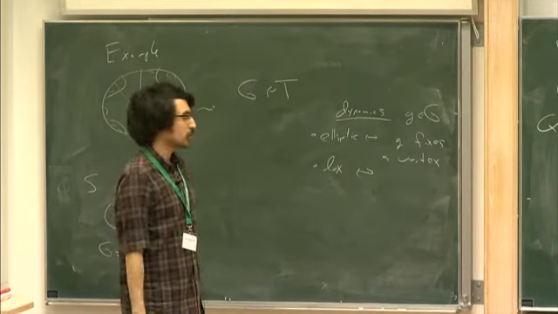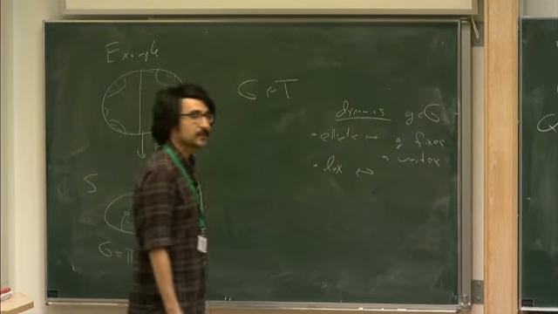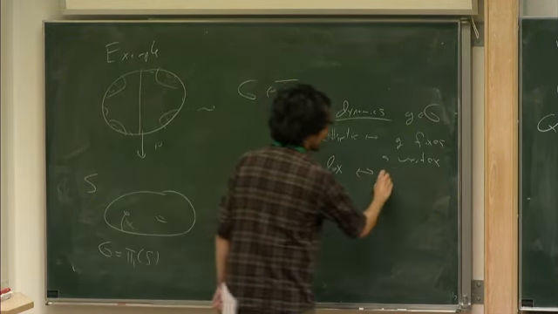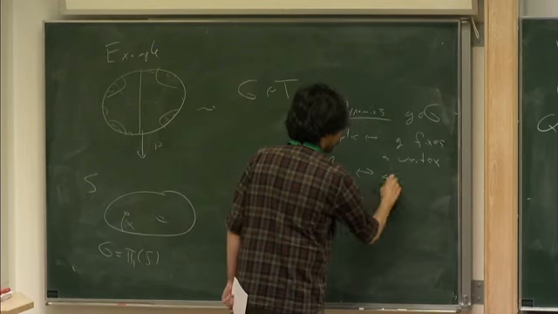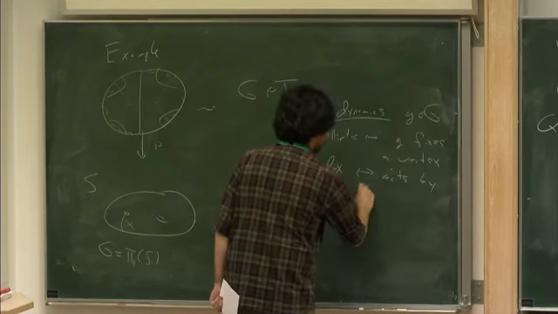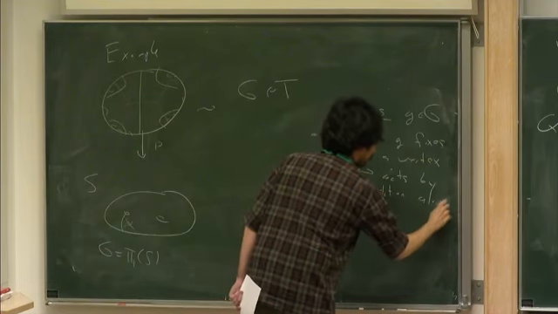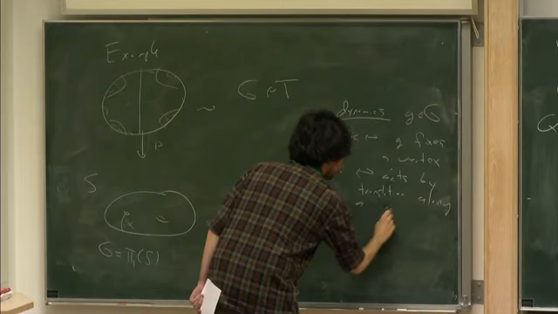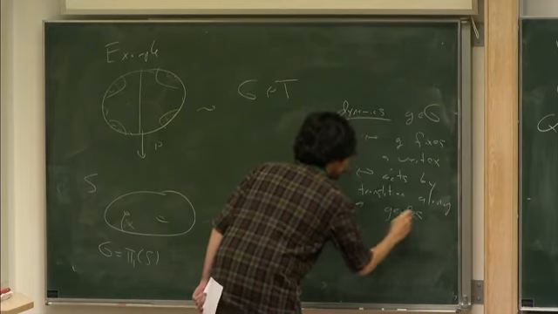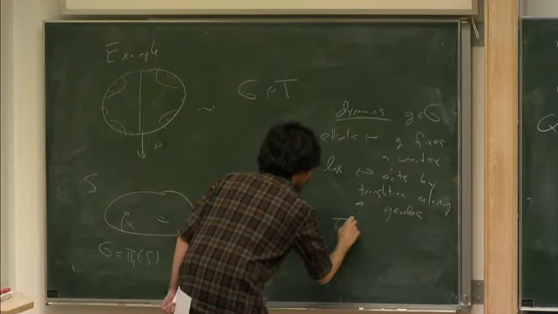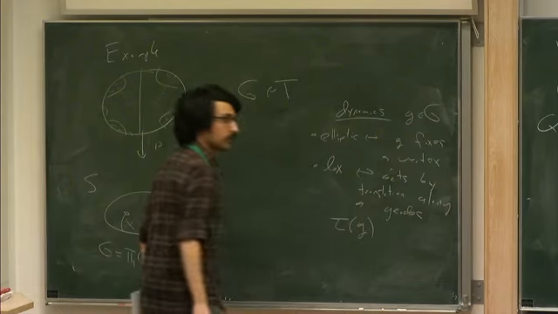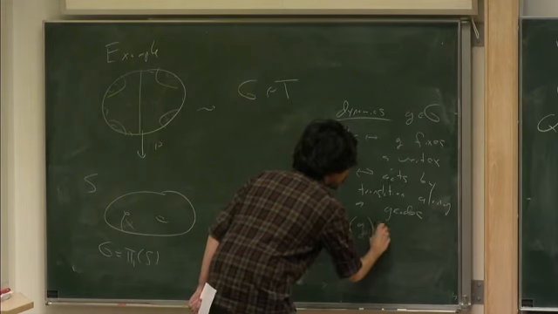Just as in the talks we saw before, loxodromic means it leaves invariant a geodesic in this case, so it acts by translation along a geodesic. And we could denote its translation length in this case by tau of g.